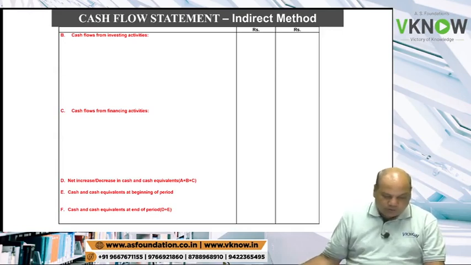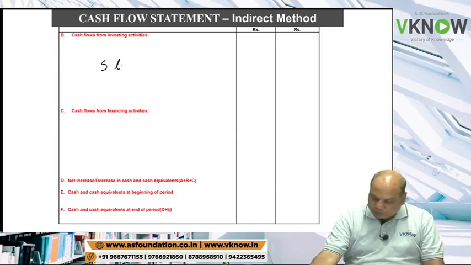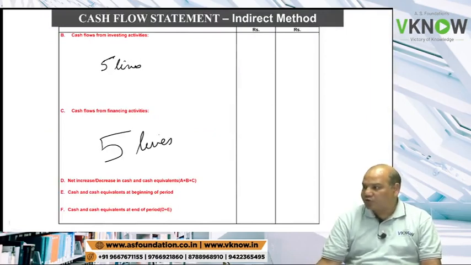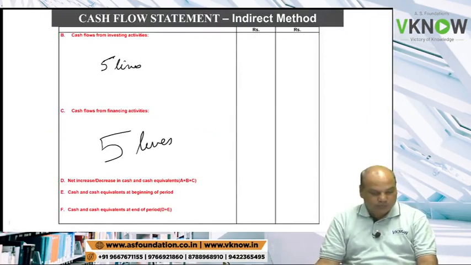Keep 5 lines blank. Then cash flow from financing activity, keep 5 lines blank. Approximately you have to keep blank.